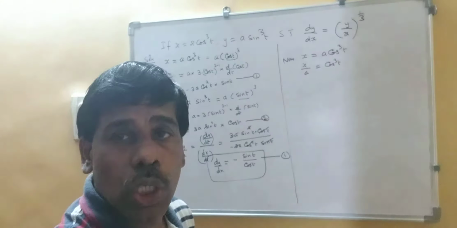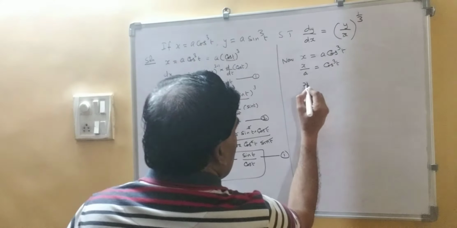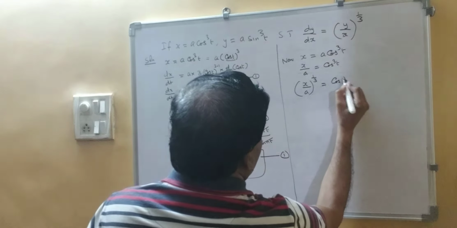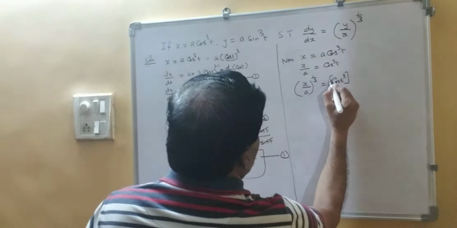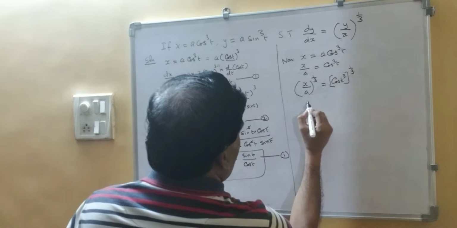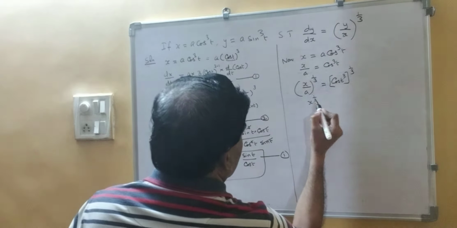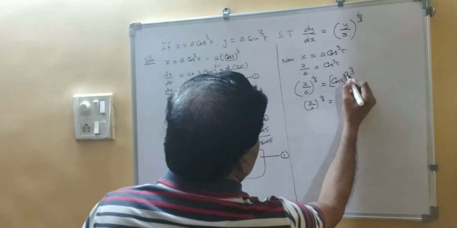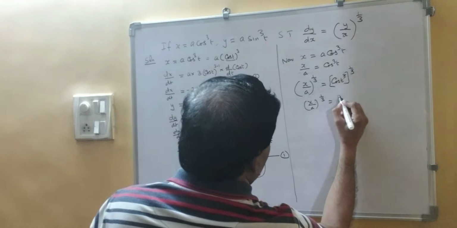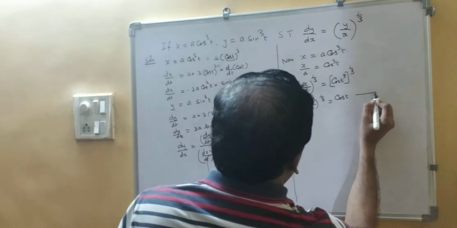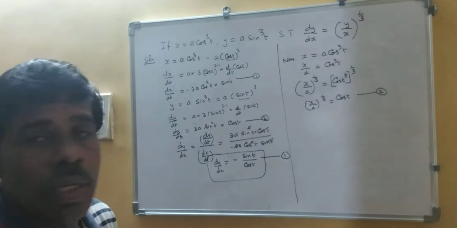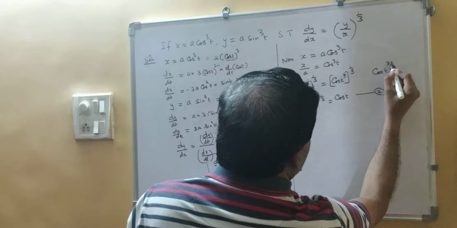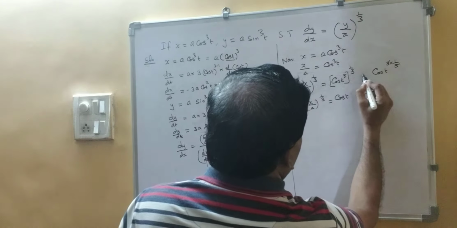Now, taking cube root on both sides, (x/a)^(1/3) = ((cos t)³)^(1/3), so this will get cancelled. So (x/a)^(1/3) = cos t. This is equation number 2. Correct? Because this is cos t cubed to the power 1/3, so we will get cos t.